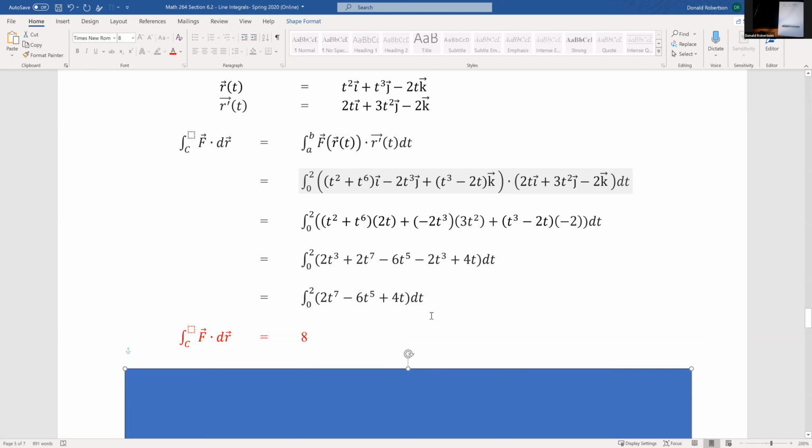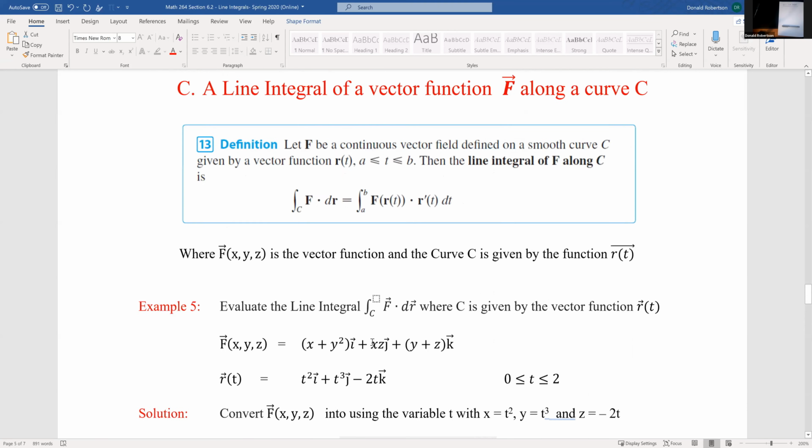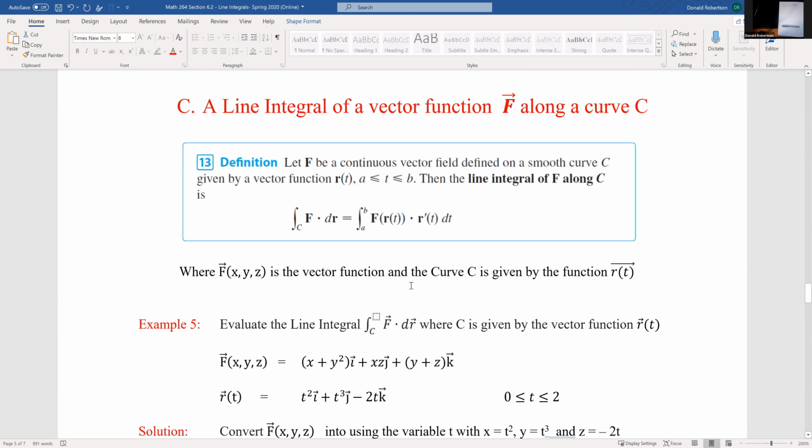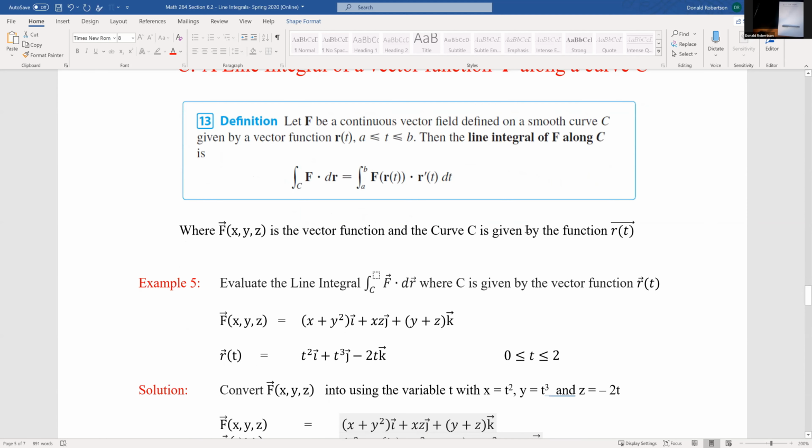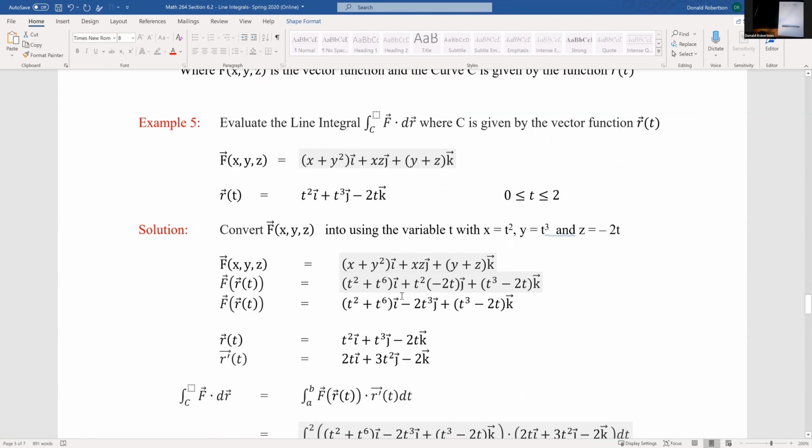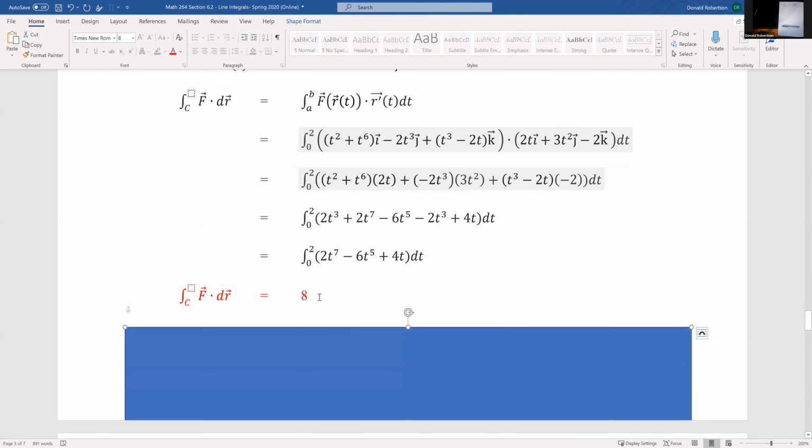So if you wanted to know how much work would be done in this vector field moving along this curve, starting at 0 and finishing at 2, the answer is that the work required would be 8, whatever the units of work are. Engineers amongst you, what's the units of work? Newton meters. So that would be 8 newton meters probably.